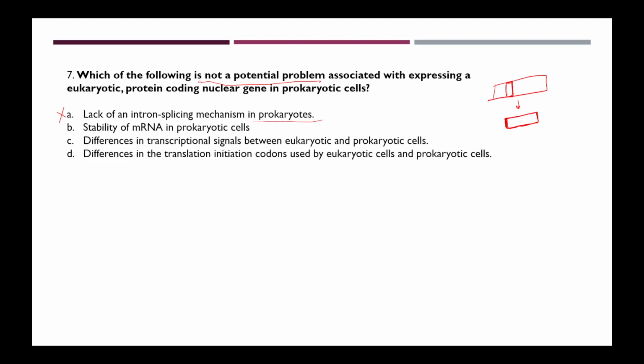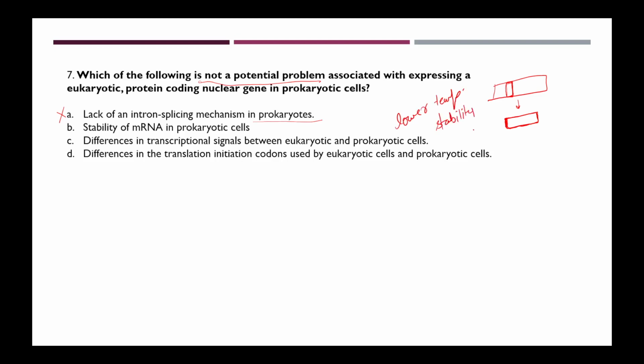Like you must have heard of induction at lower temperature, right? Or lower IPTG concentrations. These changes we make so that the RNA can be stable. So lower temperature provides stability.